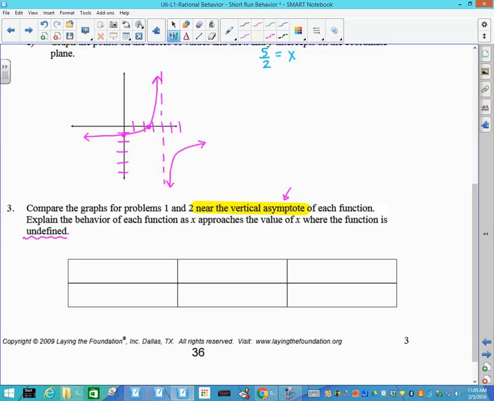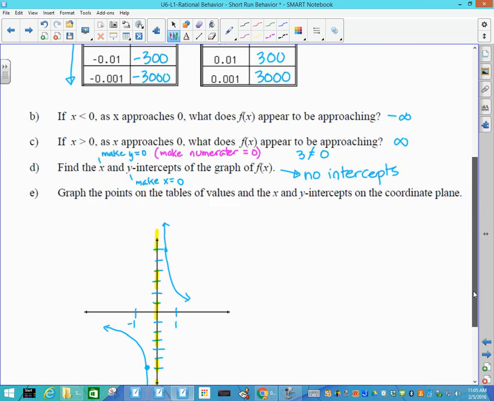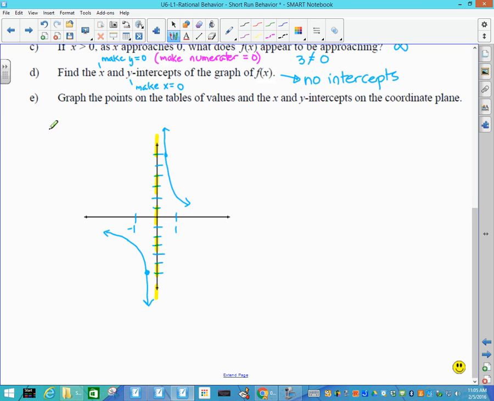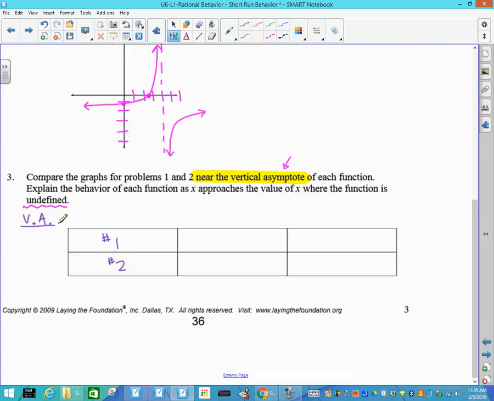Okay, so we have problem number 1 and problem number 2 that they've asked us about. And I guess I should have made one for what's the vertical asymptote. So if you remember back in problem 1, if you want to go back and look at that, where was our vertical asymptote? It's right here at x equals 0, because that was the point where our function was undefined.